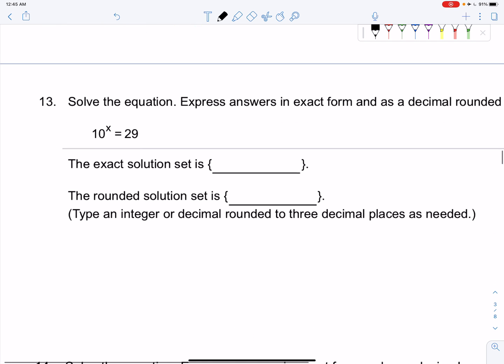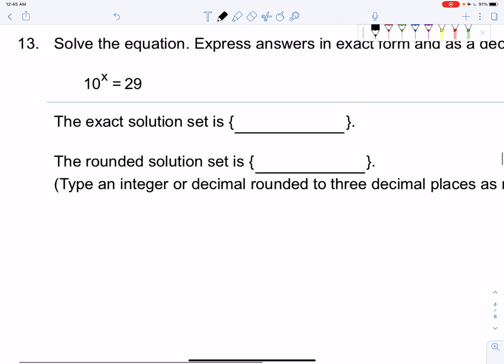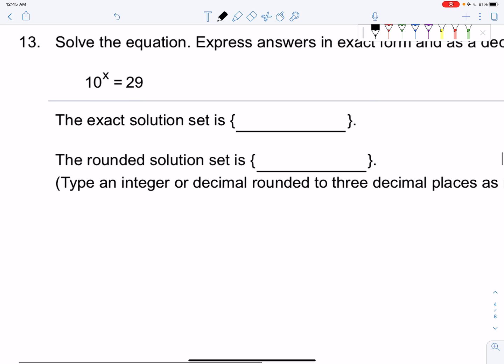Now let's go to number 13. Solve the equation, express your answer in the exact form and as an approximation. Round it to 3 decimals. All right. Hey, by the way, way back when we first started looking at exponents, remember a lot of the problems were like 2 to the x equals 16, and you could guess and check that.